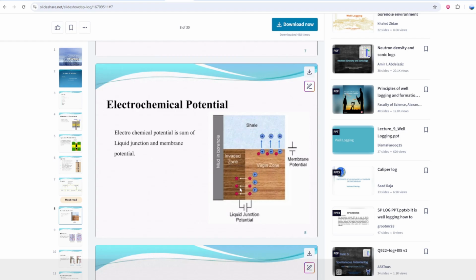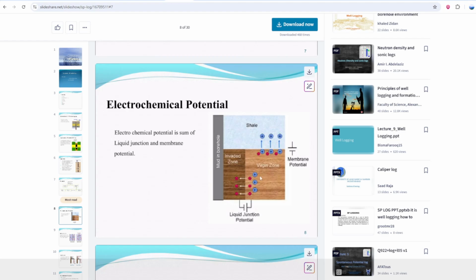One potential is created between the fluids of the virgin zone and the invaded zone, and we have another potential created in the membrane between the virgin zone and the shale. If we sum up these two chemical interactions of ions, we have to remember that ions move from the highest concentration to the lowest concentration, and by doing this movement, they create currents and potential.